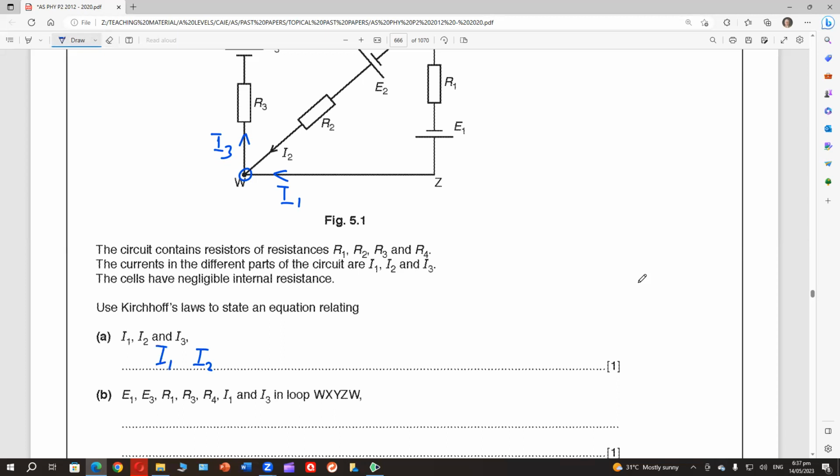Because wasn't I3 the current leaving the battery? You're right. I was making a mistake. I1 and I2 are the current input, and I3 is the current output.